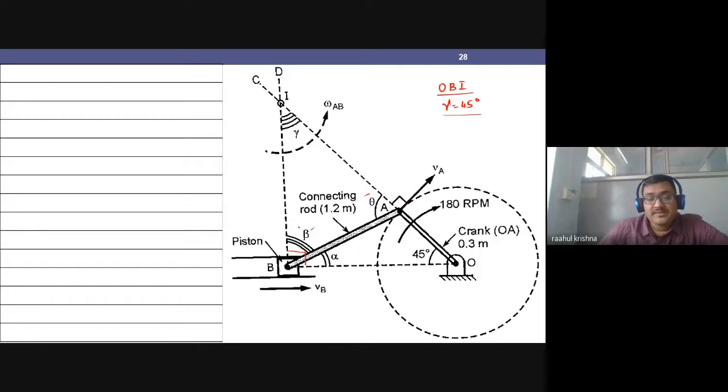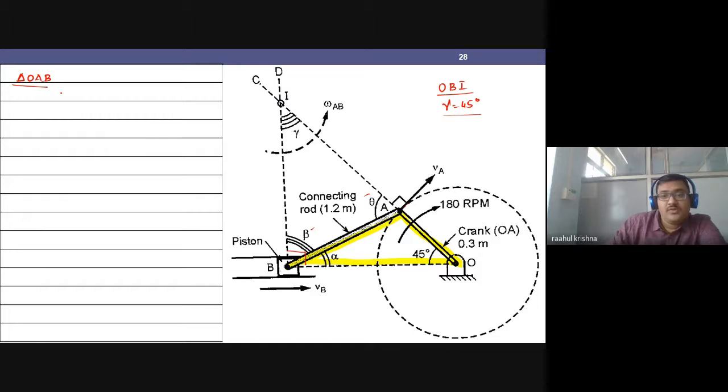For finding the angles theta and beta, observe triangle OAB. Can you apply any rule there?